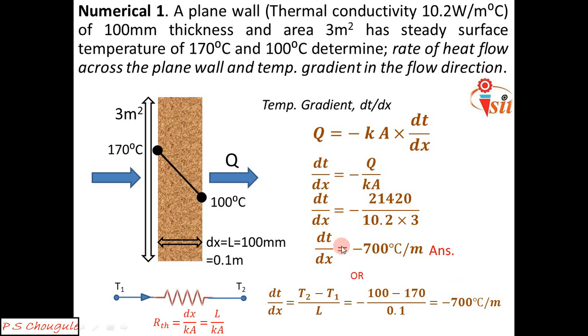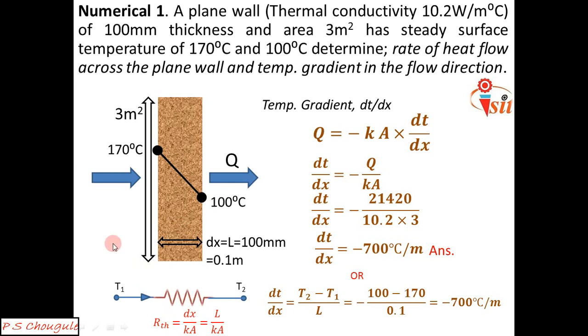Instead of drawing all this diagram, you can write it in an electrical analogy way like this. T1 is the temperature 170 degrees, T2 is the temperature 100 degrees Celsius. Instead of this wall, I have written one resistance, which is the thermal resistance, equal to dx upon KA.